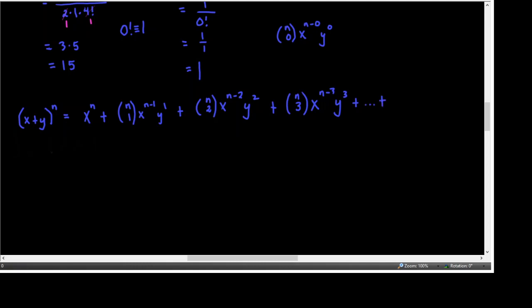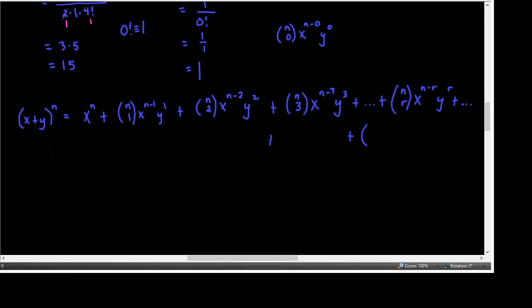Then the general term is n choose r, times x to the n minus r times y to the r, plus dot, dot, dot, plus the very last one, well, I'm sorry, the penultimate one, I should say.